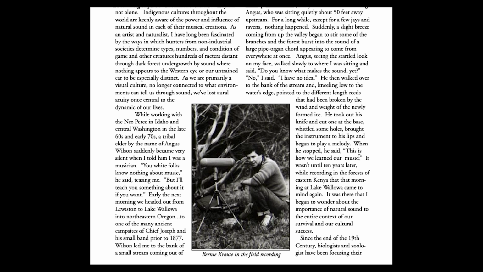So this organ sound was actually the result of reeds, pieces of dried out grass that had been frozen into the creek and then broken by the wind. As the wind came through and broke all of these grass reeds, they were broken at different sizes. And as the wind came over them again, it creates an organ-like sound.